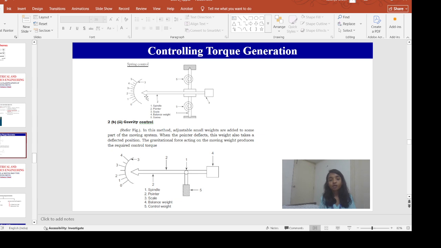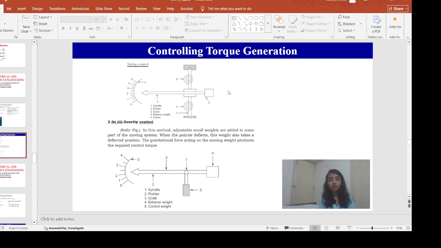So here I have applied the spring which is attached to the spindle. Suppose we are stretching a spring by an amount x. What will happen? The restoring force will try to bring back the spring to its initial position.